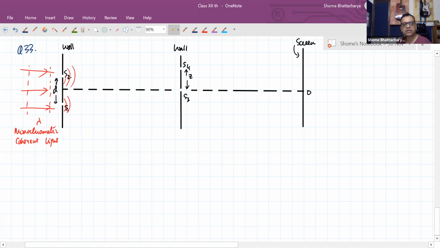So these two slits now illuminate these two slits, and ultimately any point on the screen receives light from S3 and S4.